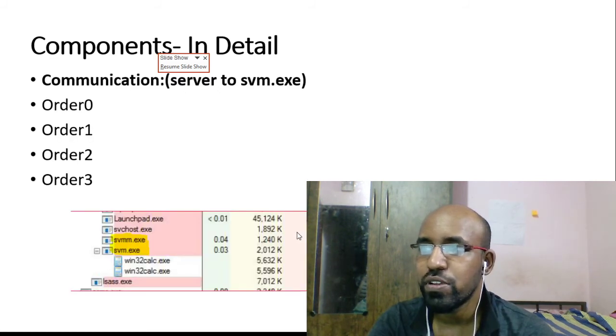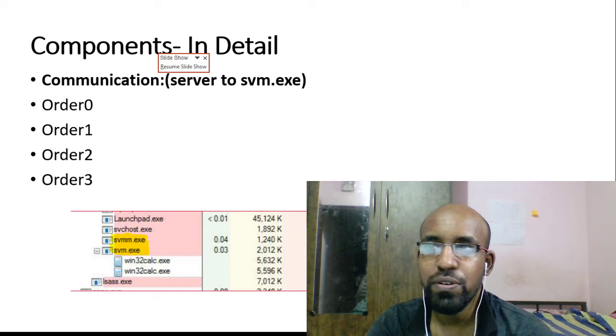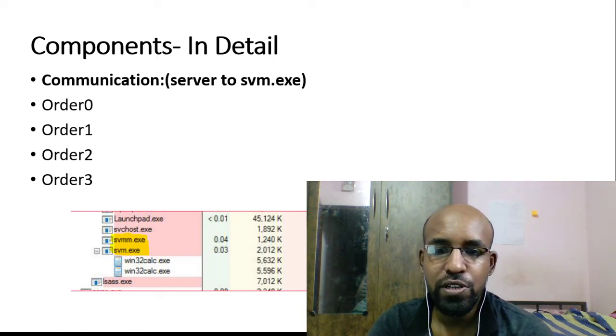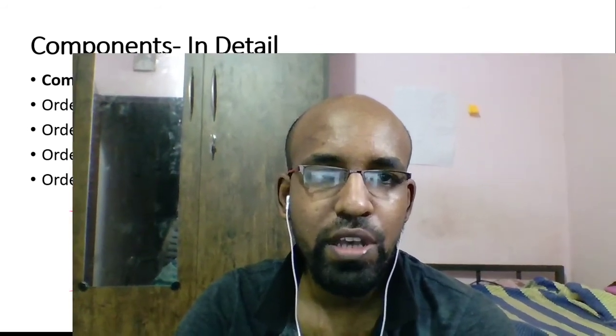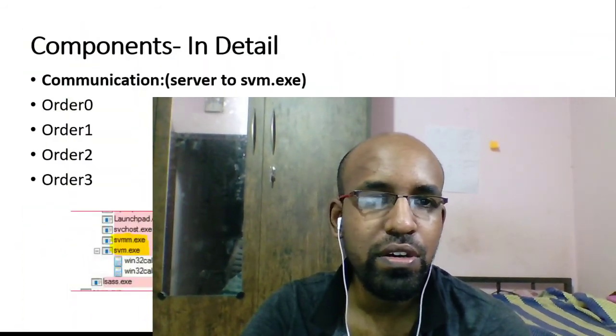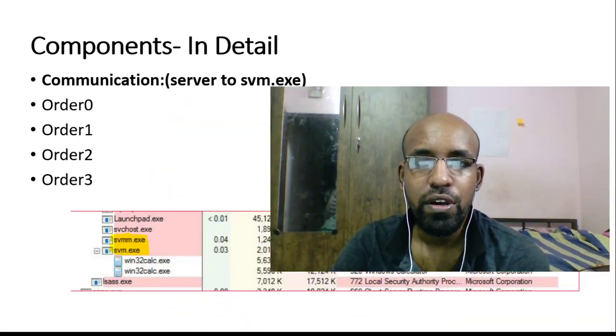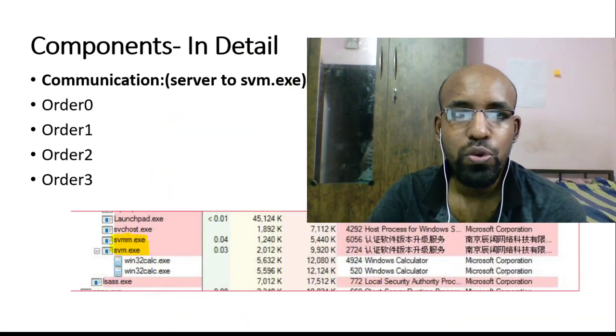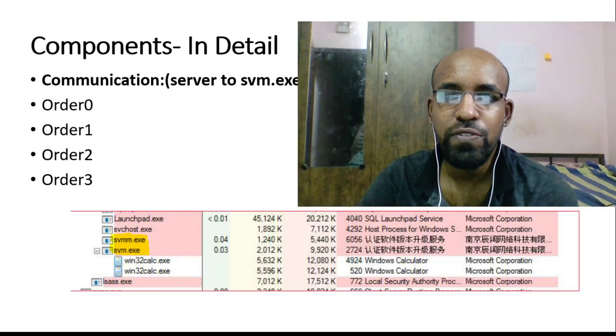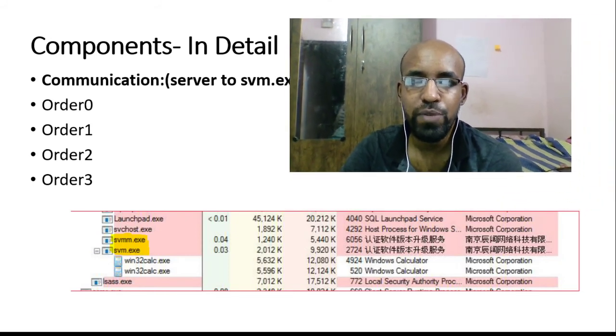Let's go to the next one. If you see here, this is from that particular server to the SVM. There are different orders: order 0, order 1, order 2, order 3. These are some different commands used by them.